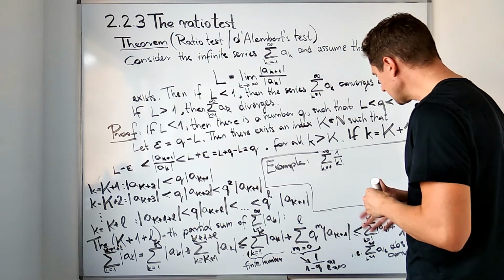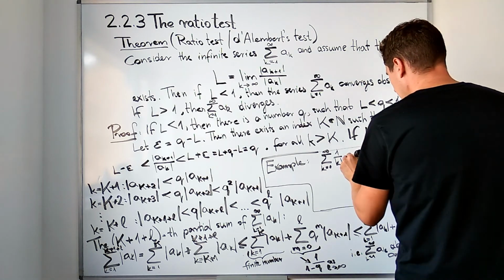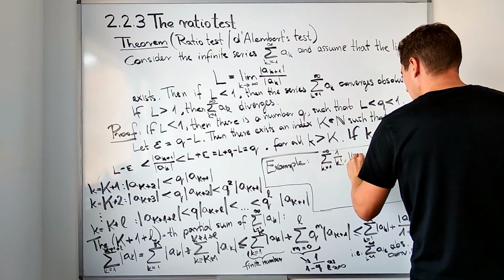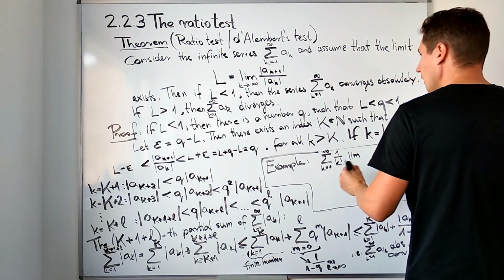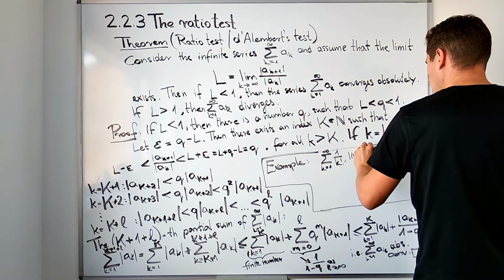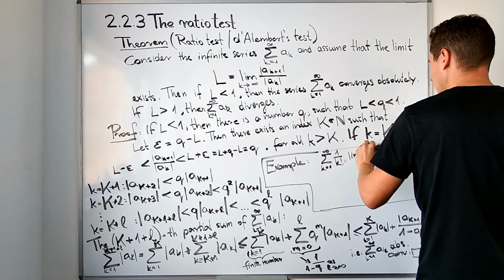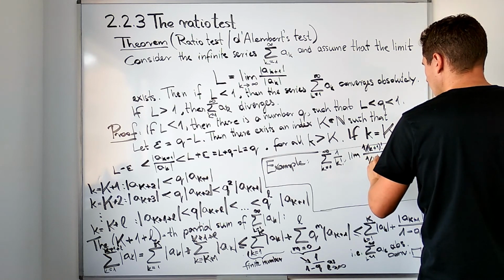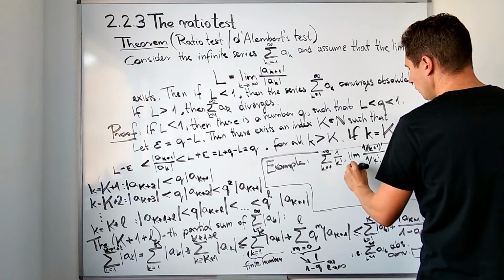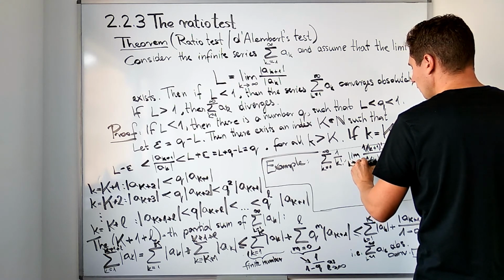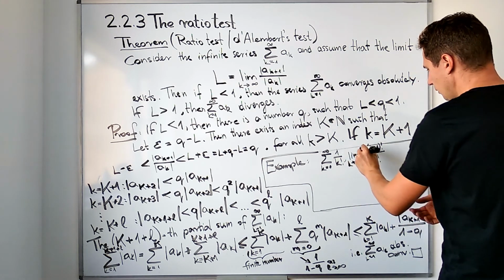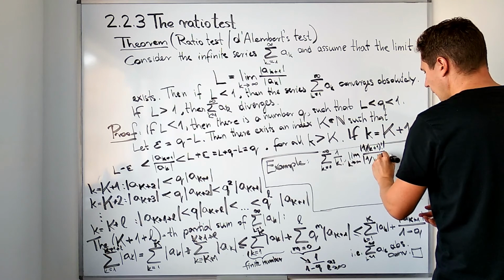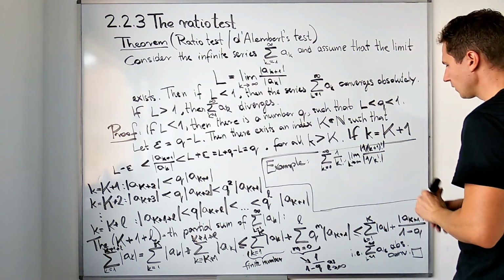Okay, I hope you paused it and have looked at the limit of, well, in this case, a_{k+1} is 1 divided by (k plus 1) factorial. And this has to be divided by the kth term, which is 1 over k factorial. We should take the absolute values of these numbers, but these are positive numbers anyway, so taking the absolute value doesn't change them.